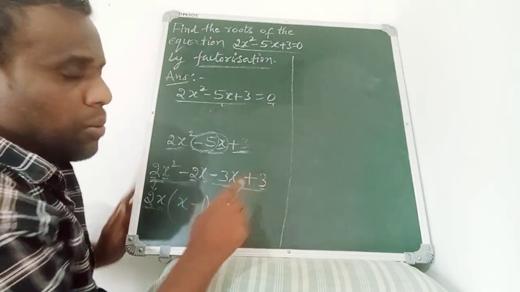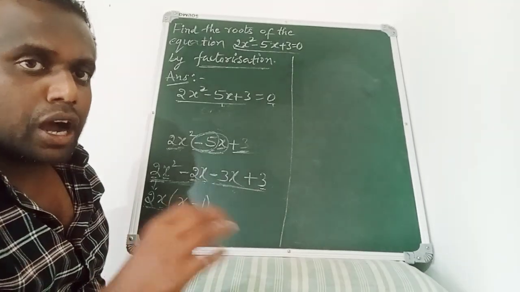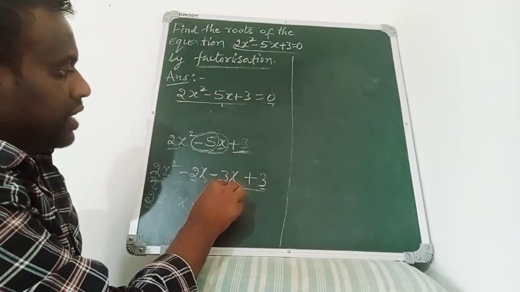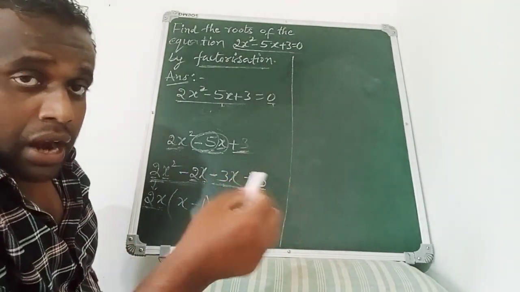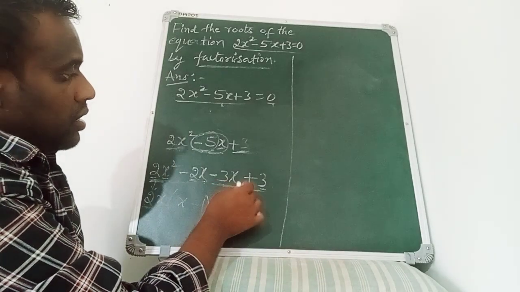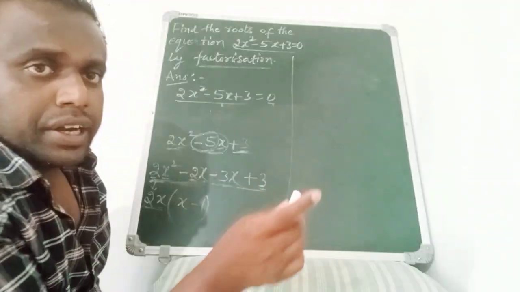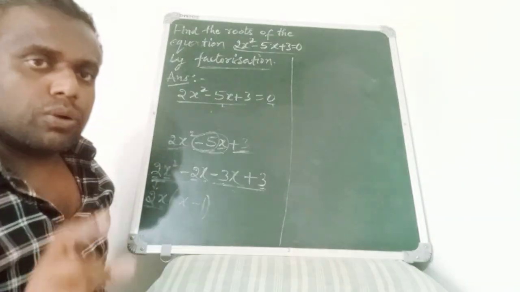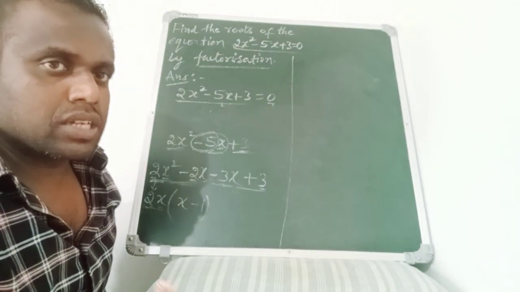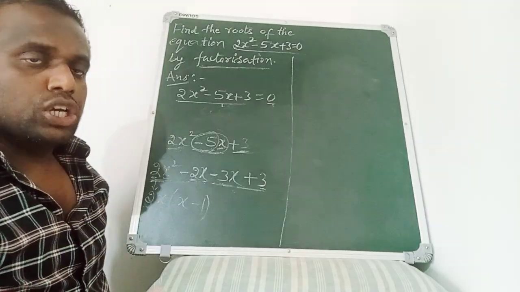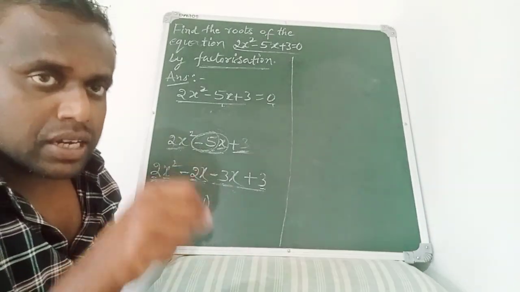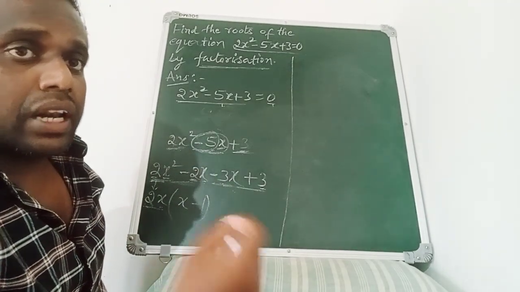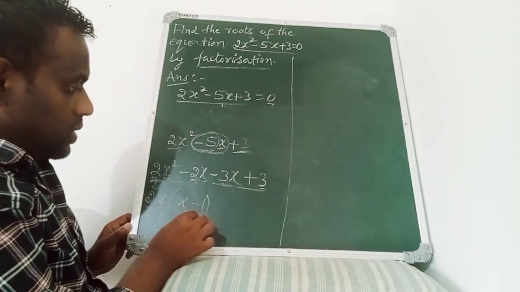Now here you have to take common. How you have to take common, you know? As I already said, here x is there, here no x, so we can take only the number 3 as common. Now you have to remember how to take that number as common.